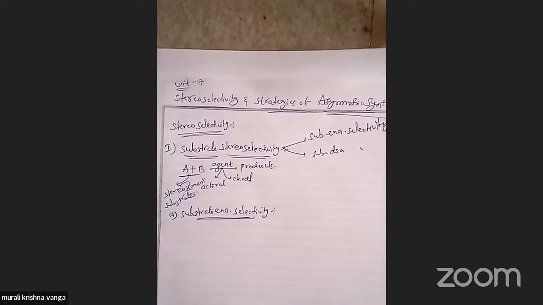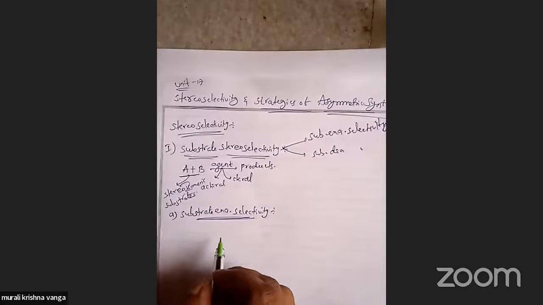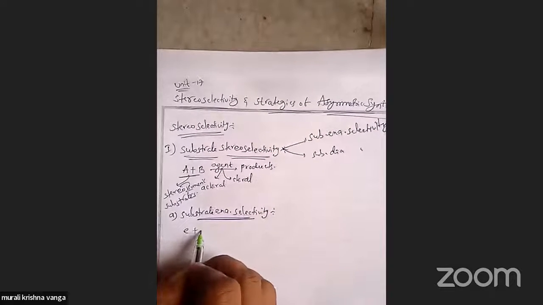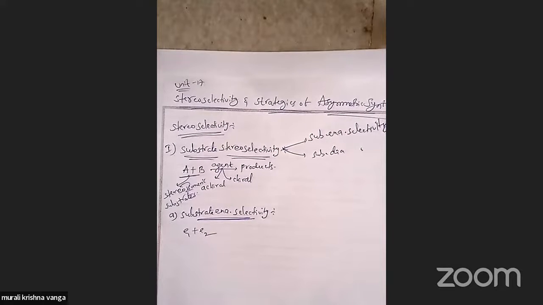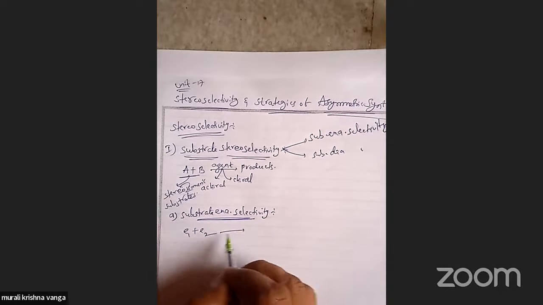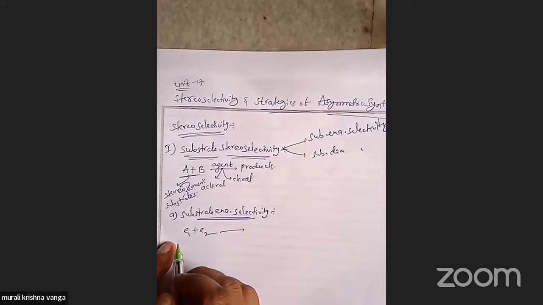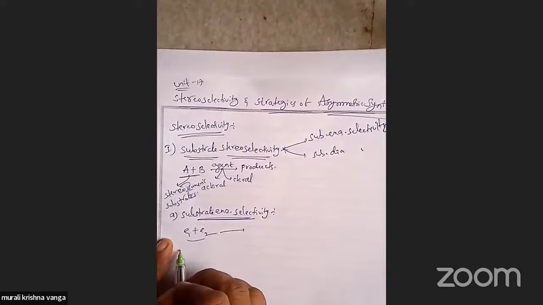That means here we take a mixture of enantiomers as the reactants. These two are the enantiomeric substrates.